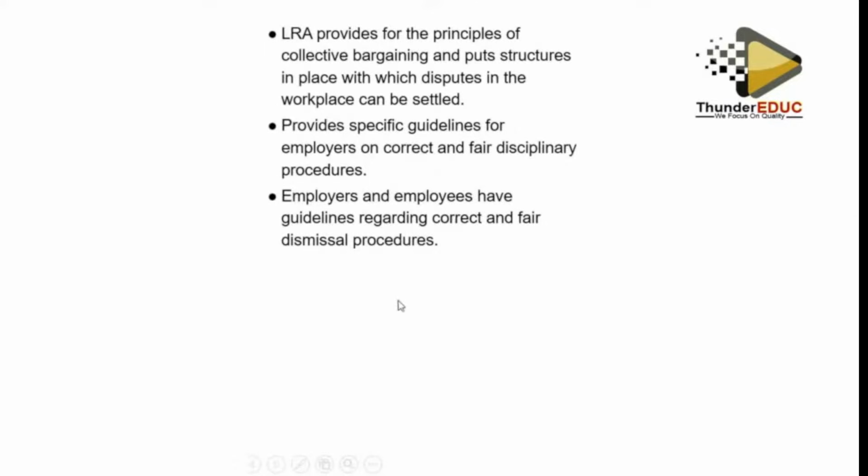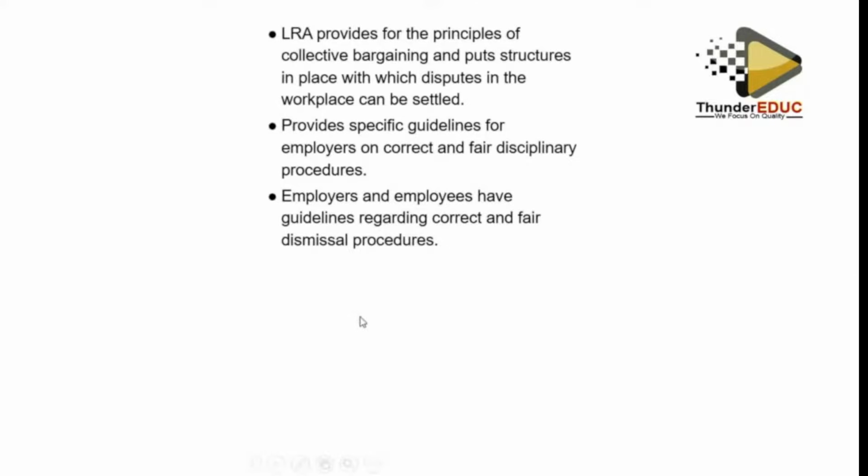There are procedures that should be followed. And this LRA is what gives such guidelines on how to fire someone. You can't just fire. There should be warnings, and there should also be a number of warnings given to that particular employee before they are dismissed.